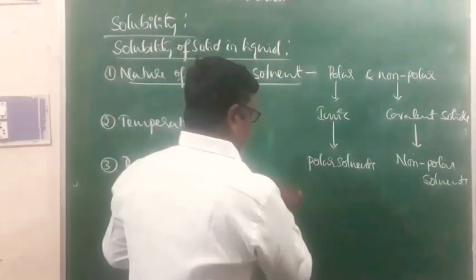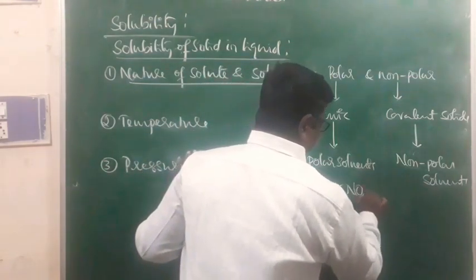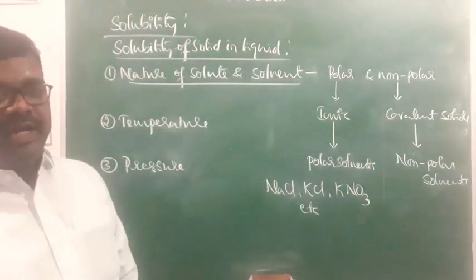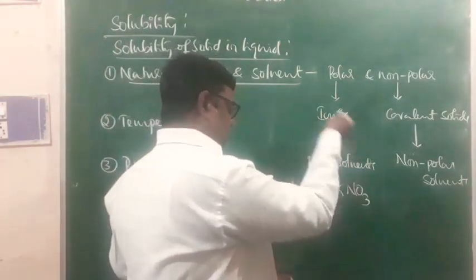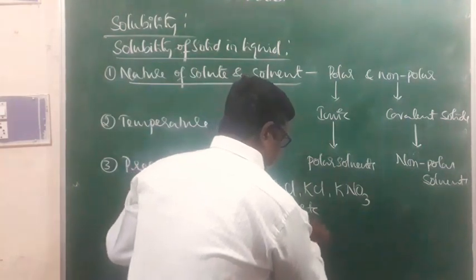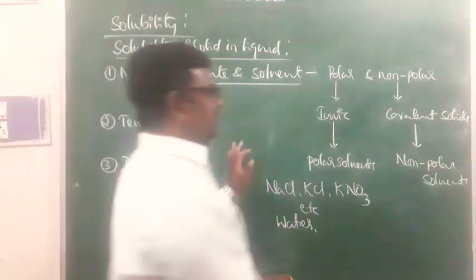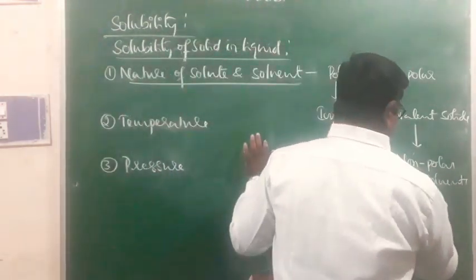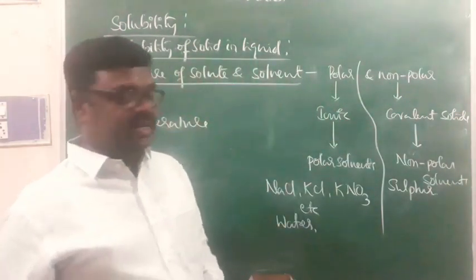For example, we have NaCl, KCl, and KNO3. These are all polar solute particles, that is, ionic solids. They are characterized by ions. Therefore, they are soluble in polar solvents like water. For non-polar solute particles, I'll give one example: sulfur is one of the non-polar solutes, as is phosphorus.